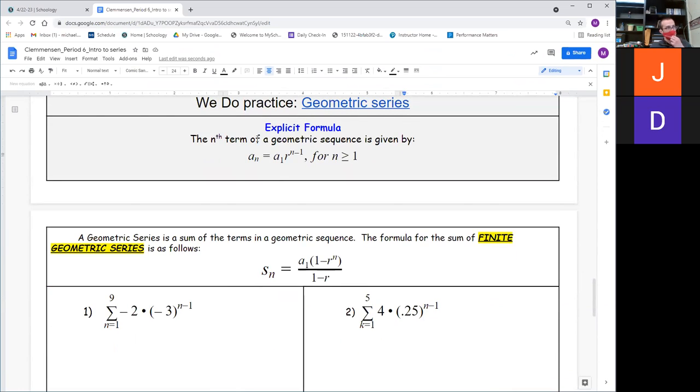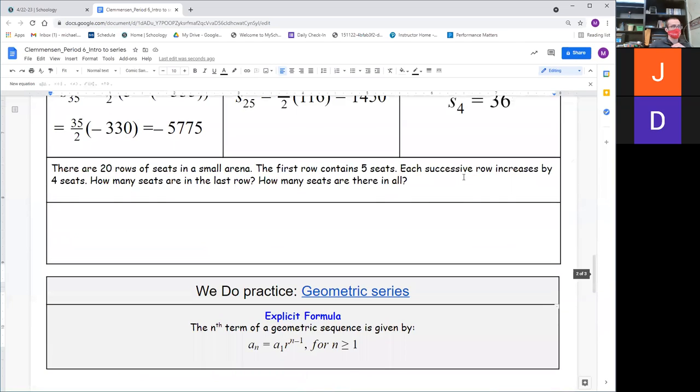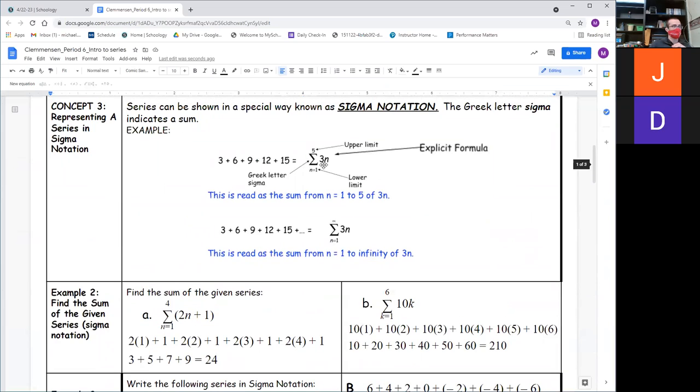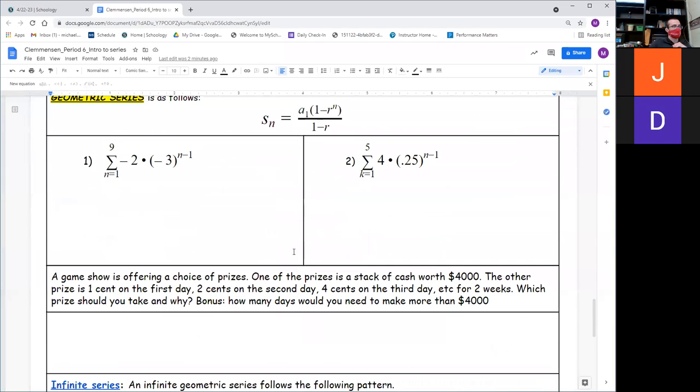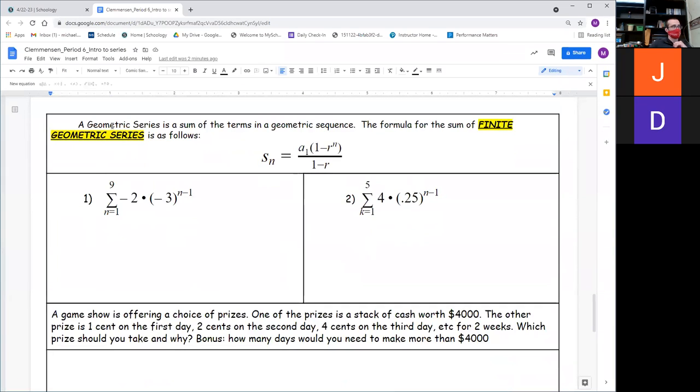So again, up top here, we have our explicit formula that we learned last class that sometimes you'll have to use. A sub n equals A1 times R to the n minus 1 power. That's our explicit formula. Cool. Next, we have our geometric series sum right here.